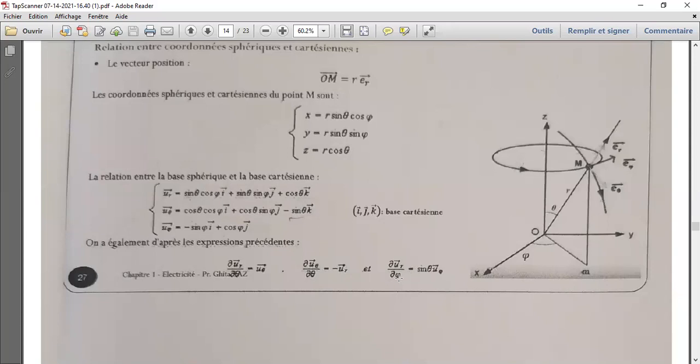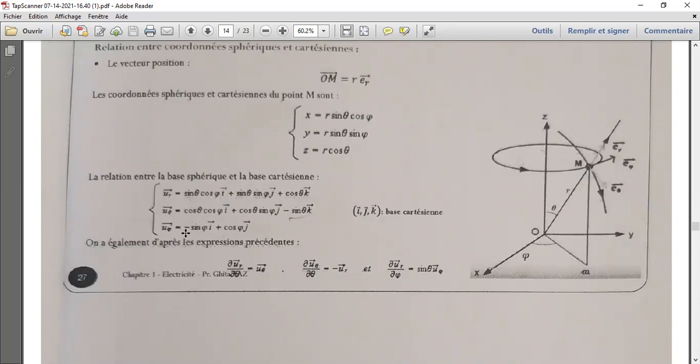This one, you differentiate in terms of phi. When you differentiate in terms of phi, this cos theta here is a constant, and when you differentiate a constant, it will give you 0. That's why you won't remain with it. So when you're home, try doing some differentiation, and you'll see that these answers come out.